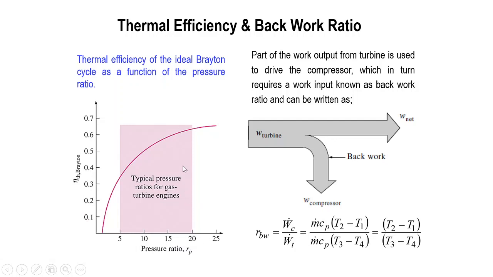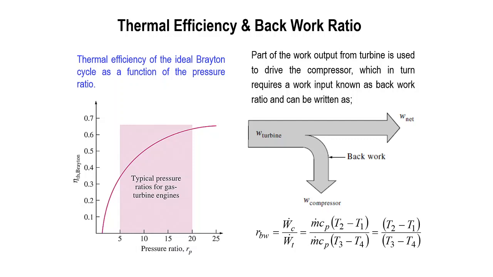But as you see, at 20 it starts to flatten, so the curve is flat at pressure ratio 20 and above. So basically the best range is from 5 to 20. We call it the typical pressure ratio for a gas turbine engine.